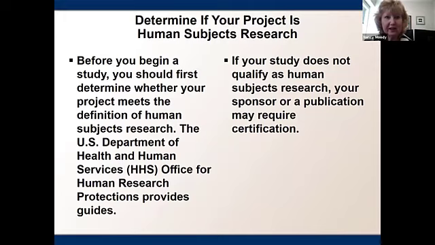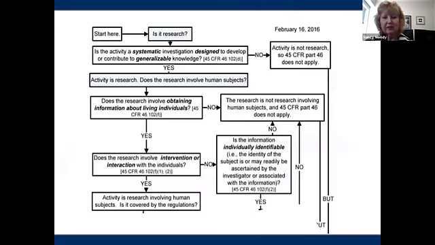I'm running out of time really quickly. So you determine if your project is human subjects, and here is a chart that they posted on the government's website. You start with, is it research? You answer yes, you're gathering in a systematic way for generalizable knowledge.